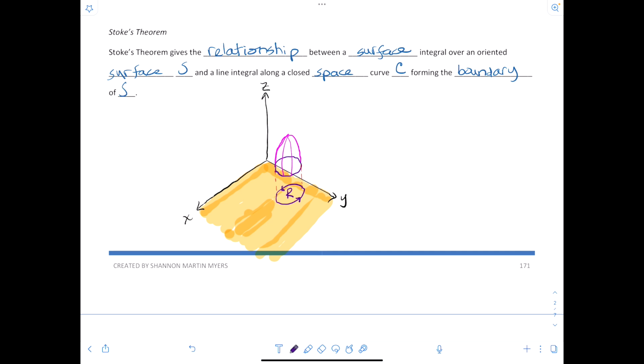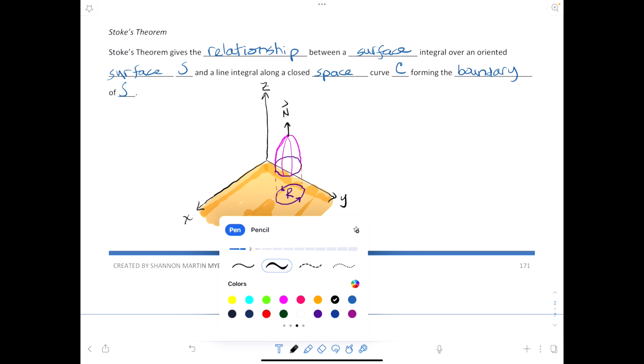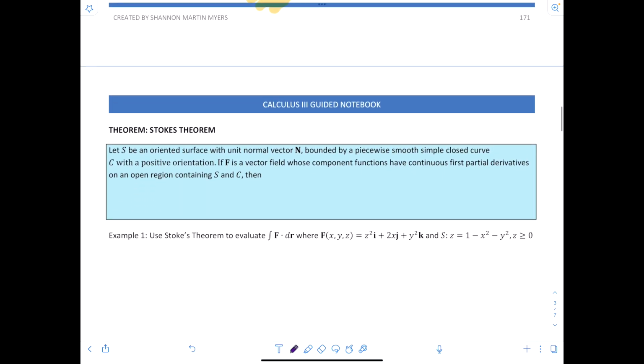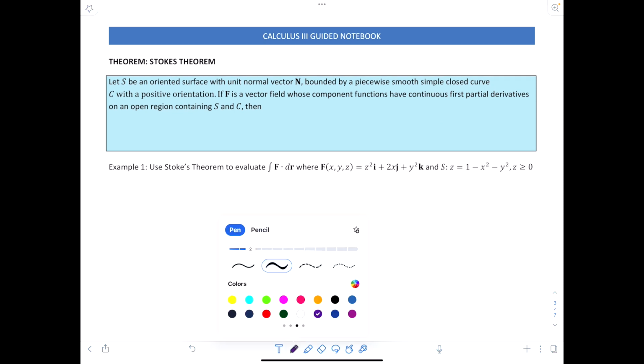Cool? All right, and then you have a normal vector coming up here, something like this. Groovy?